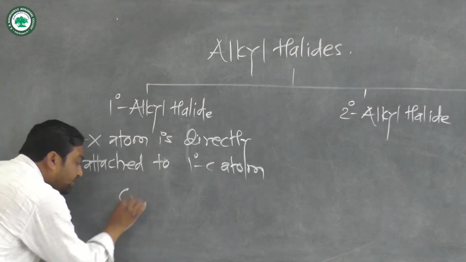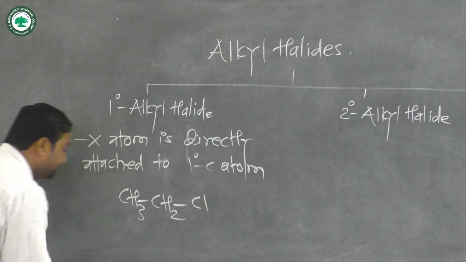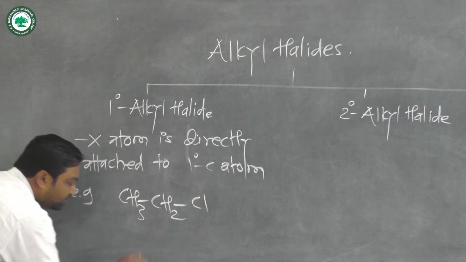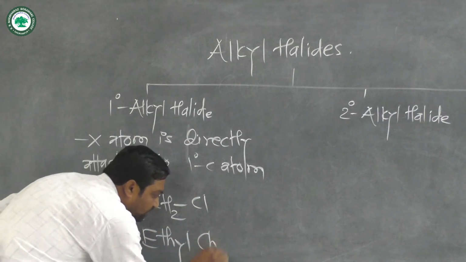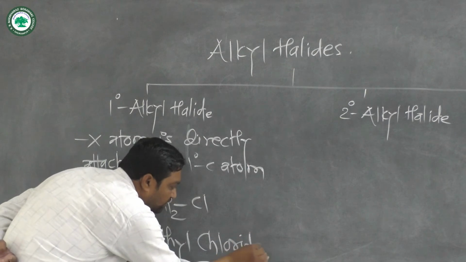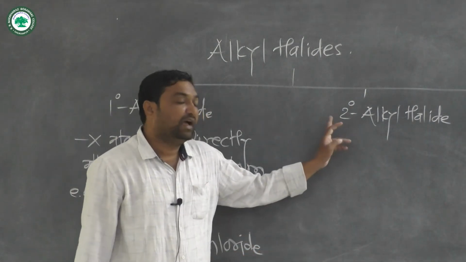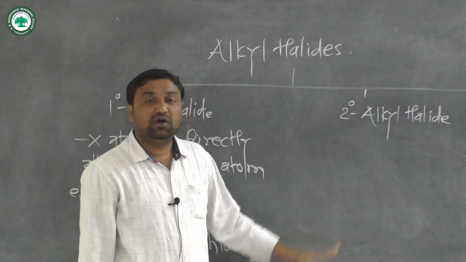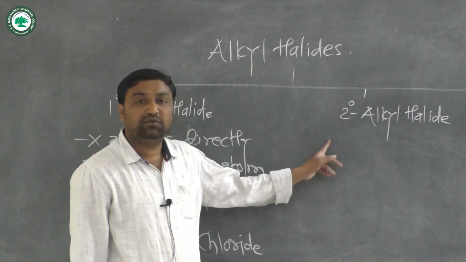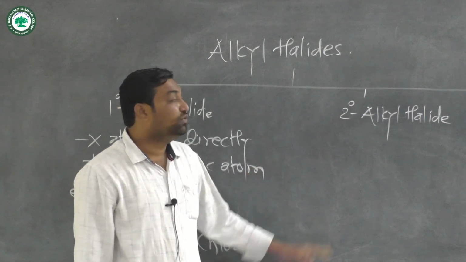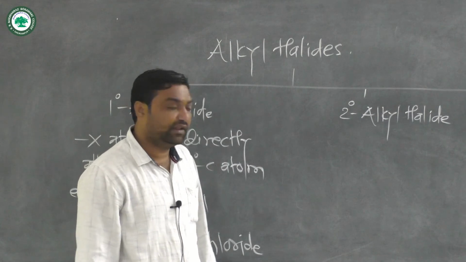Ethyl chloride is an example of this primary alkyl halide. If a halogen atom is present on the secondary carbon atom, or we may say that if the halogen atom is directly attached to a secondary carbon atom, then that alkyl halide is called a secondary alkyl halide.